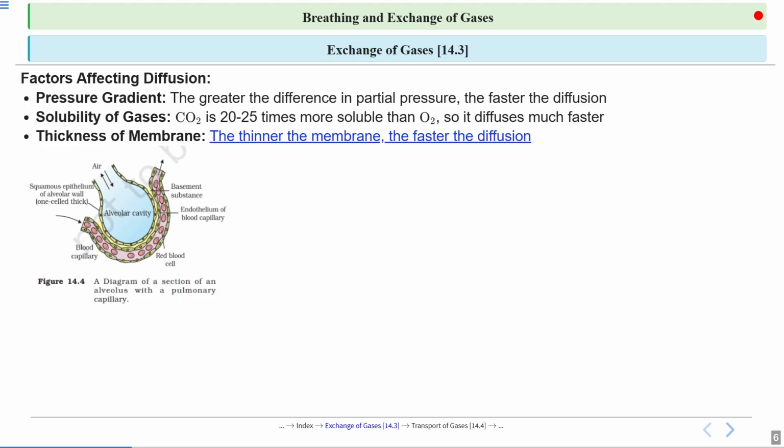Okay, now you can see these balloon-like structures. They are not flat cells, they are round, small balloon-like structures. So that increases the surface area. If you see the structure of alveoli, it has small balloon-like structures.